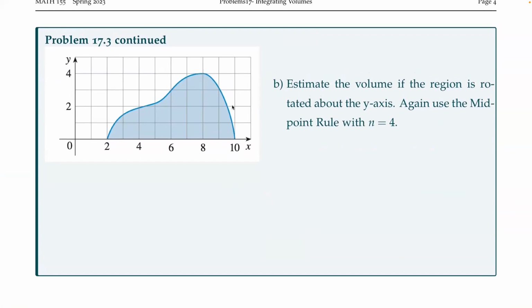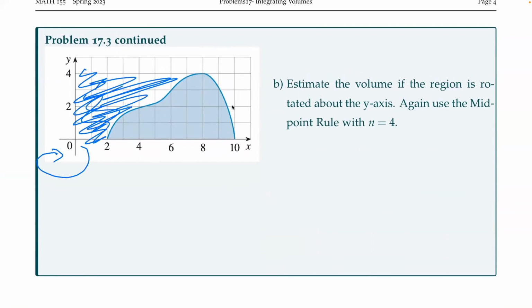This one here, I'm going to leave as an exercise for you guys. I'll obviously post the solutions. Here, we're going to rotate exactly the same shape, but rather than around the x-axis, we're going to rotate it around the y-axis. So we're going to rotate it in this direction here. And that means that there's going to be a hole in the middle of this solid, this area here that I'm coloring in. It's going to be hollow.